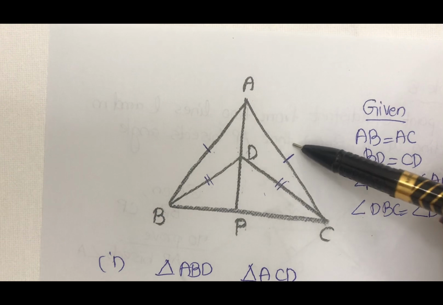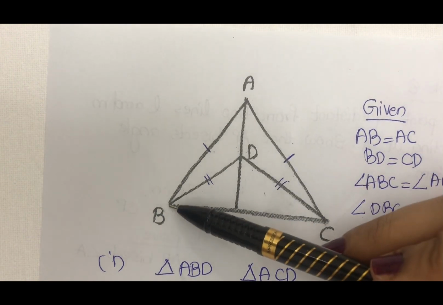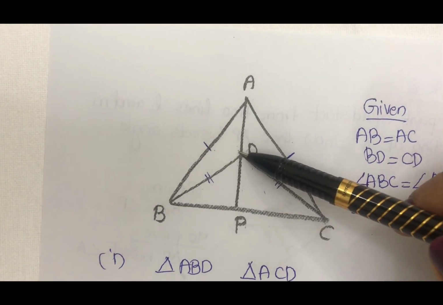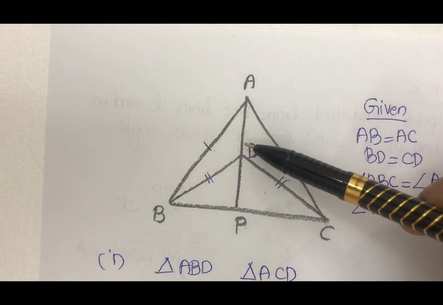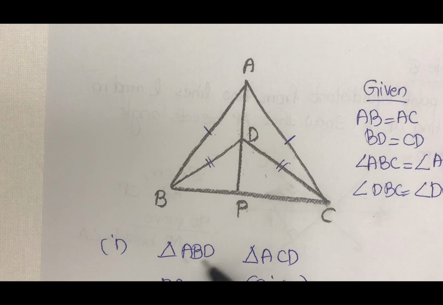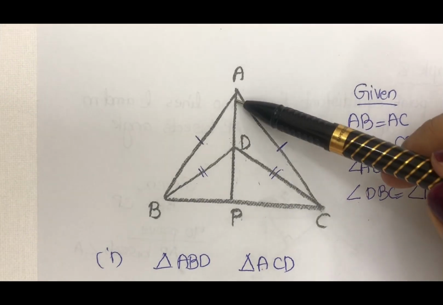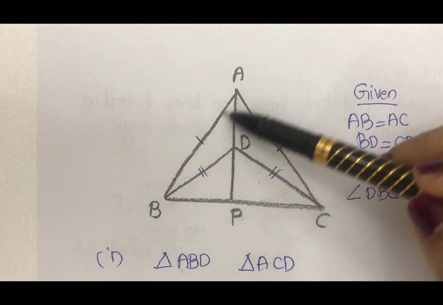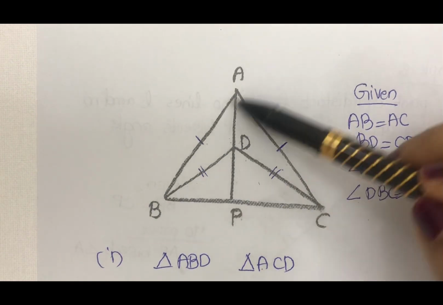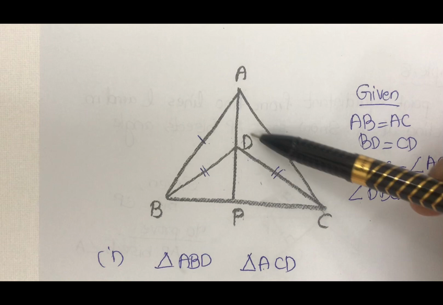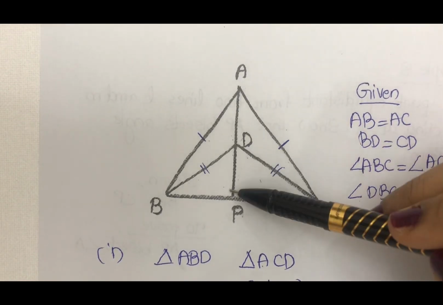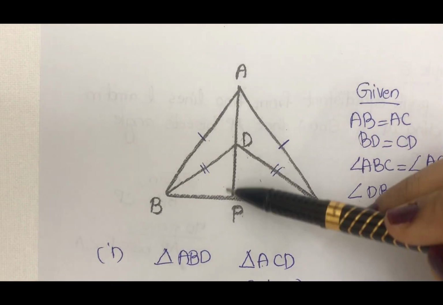These two sides are equal, and you also know angle BAD is equal to angle CAD, because in the previous question we have proved ABD is congruent to ACD. So we extend AD, then angle BAP is also equal to angle CAP because it's CPCT, and then AP is a common side.